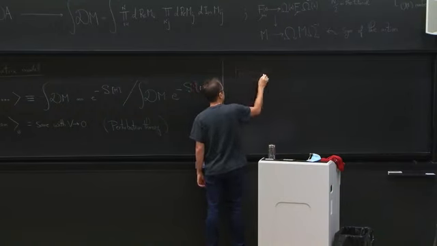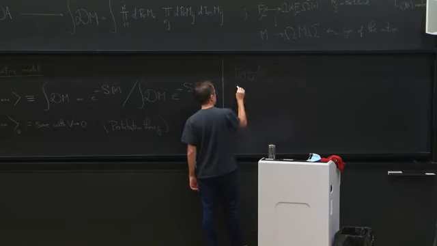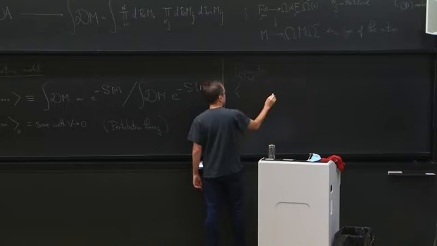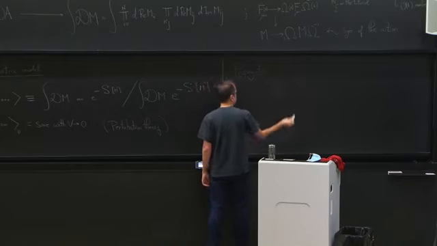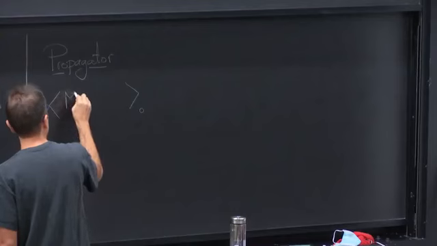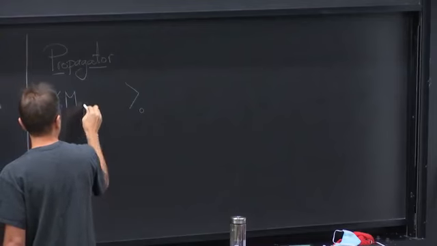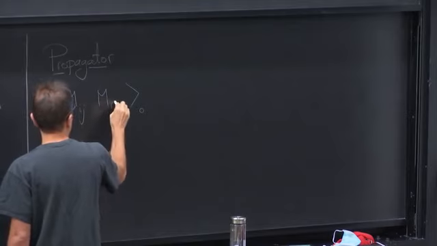The simplest quantity you could compute would be the expectation value in the Gaussian theory of two fields. So let one of them be Mij and the other be Mkl.